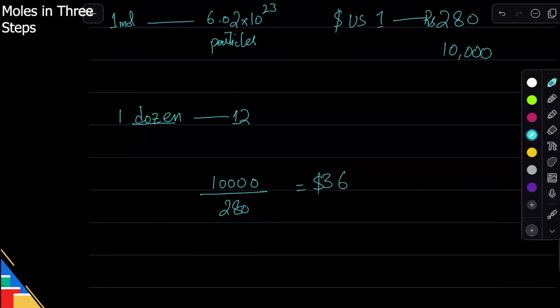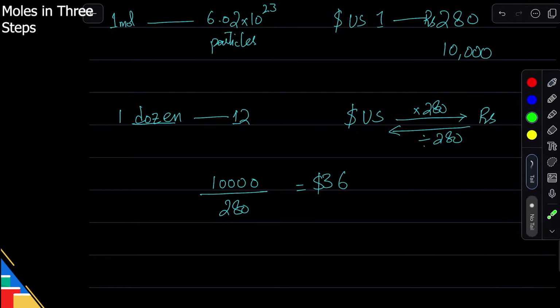So what did I do? I had dollars, I had rupees. To convert dollars to rupees, I multiply by 280. To convert rupees to dollars, I divide by 280. Why? Because dollar is the standard that I want. So using rupees, I can simply convert it. And this is my conversion factor.